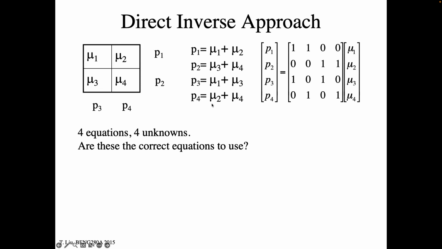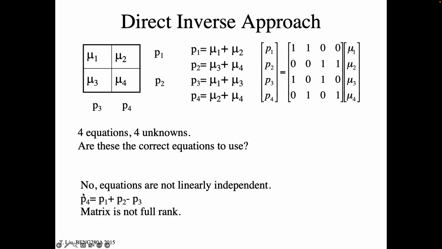It turns out, if you're really good at linear algebra, you'll look at this and say, wait a minute, this matrix doesn't have full rank. This one you can construct from these three: if I take P1, add P2 to it, and subtract P3, that gives me P4.